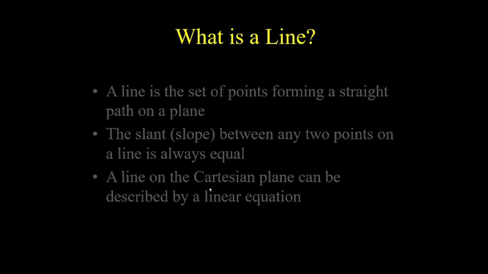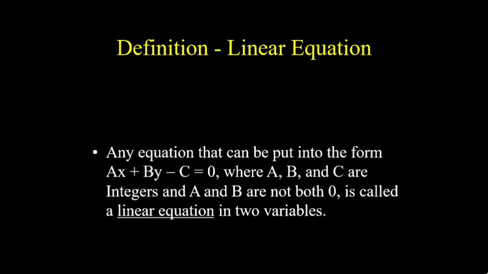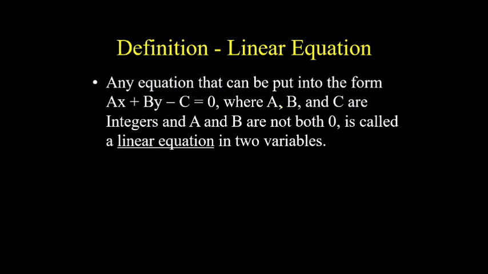From the word linear itself, it is talking about a line. By definition, a linear equation is an equation that can be put into the form ax plus by minus c equal to 0, or ax plus by equal to c, where a, b, and c are integers and a and b are not both equal to 0, is called a linear equation in two variables.